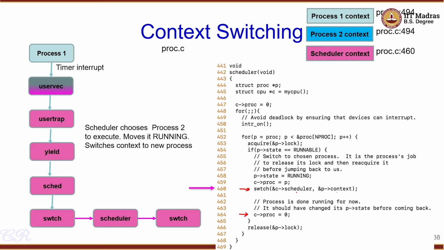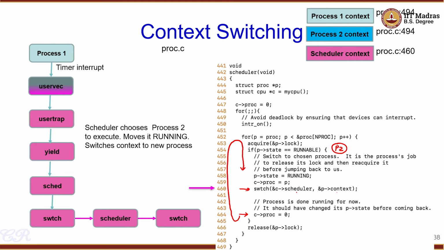So, after this switch to the scheduler context, the scheduler executes from here, goes here, picks another proc, checks if it's in a runnable state, and then chooses it to be executed. Let us say it has essentially chosen the process P2 to execute, which happens to be in the runnable state.